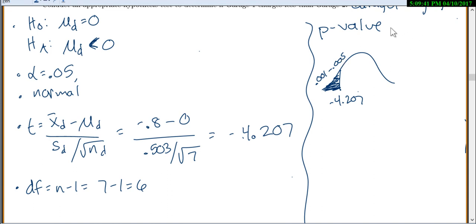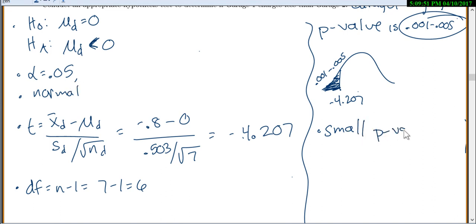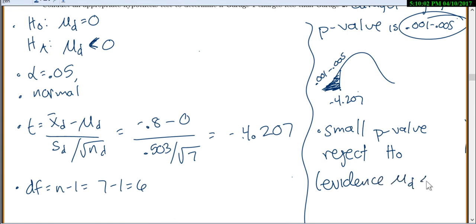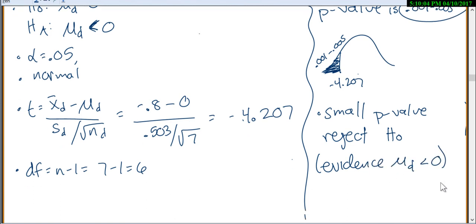So my p-value is somewhere between 0.001 and 0.005. That would be a small p-value, certainly smaller than alpha equals 0.05. And so we'll reject our null. And we have basically evidence that the mean of the differences was less than 0.